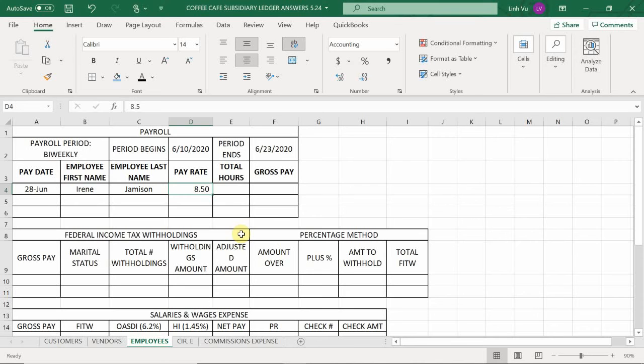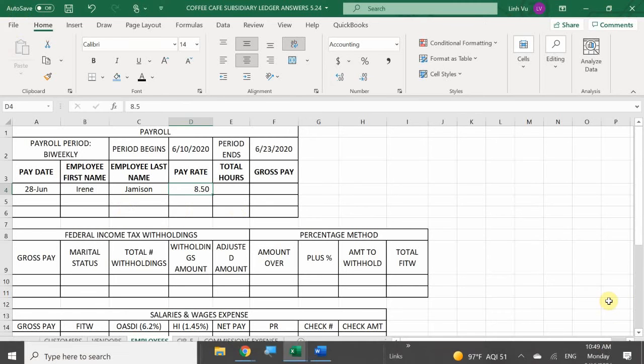Let's take a look at our calendar. She started work on the 14th of June: Friday, Saturday, Sunday, Monday, Tuesday, and then she skipped Wednesday and Thursday, and then again did Friday, Saturday, Sunday. That's a total of 8 days, and she clocked in 64 hours.